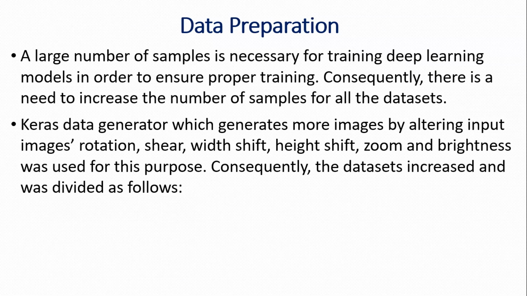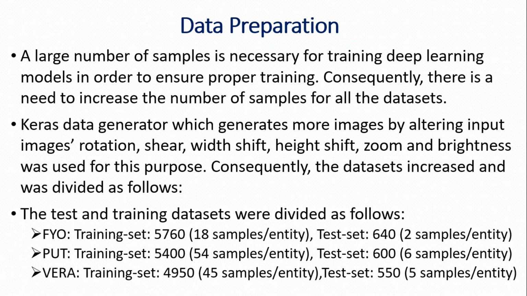For this, we use the Keras data generator, which of course generates more images by altering the input images by rotation, shear, width shift, height shift, zoom, and brightness. So consequently, when we use this data augmentation algorithm, we increase the number of samples in our data set.